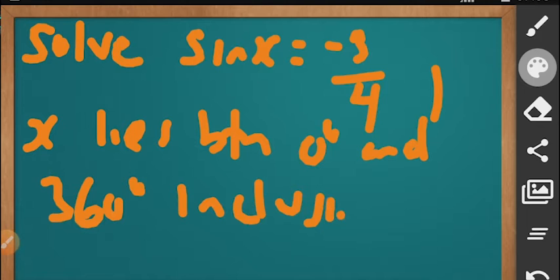When someone puts the word inclusive, it means that 0 degrees and 360 degrees can be answers also, so long as they are obtained. In case this says exclusive, then 0 degrees and 360 are not included.